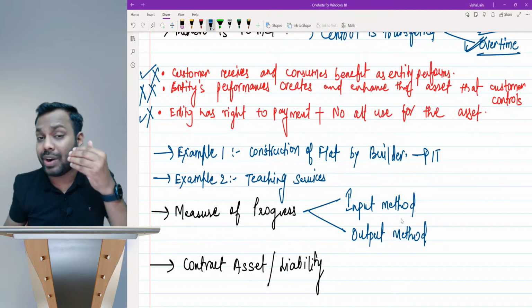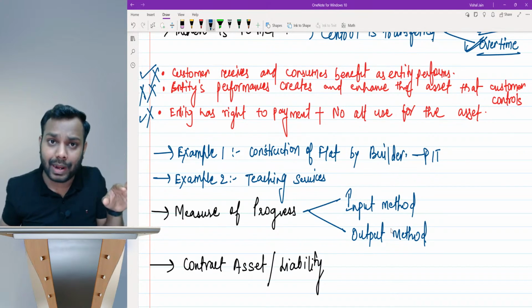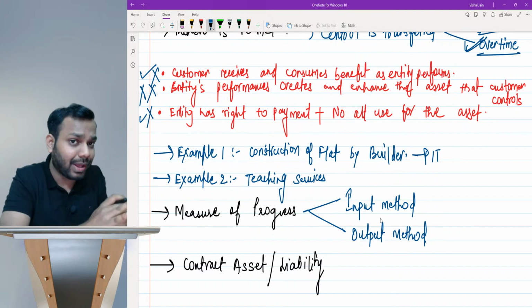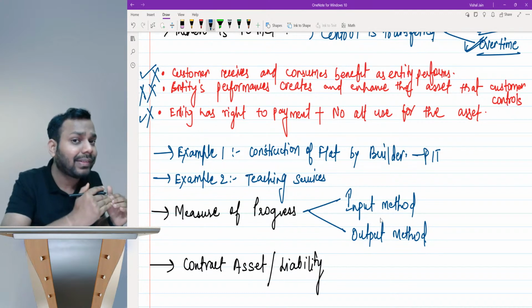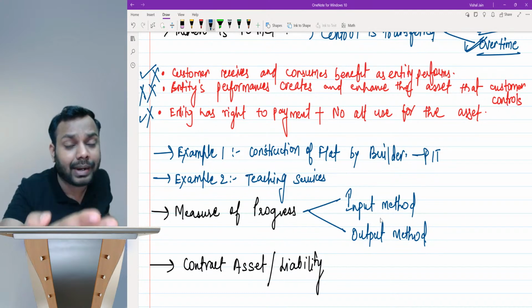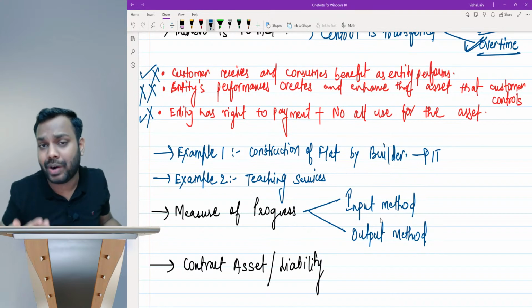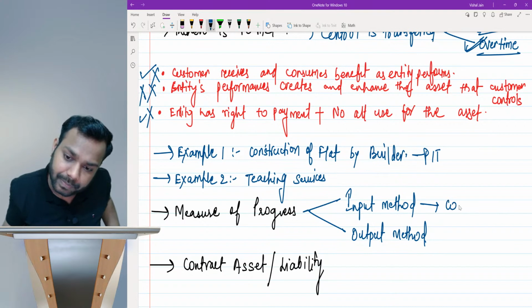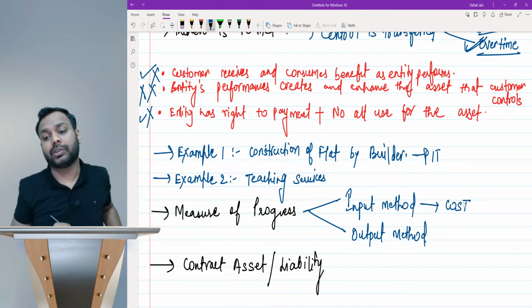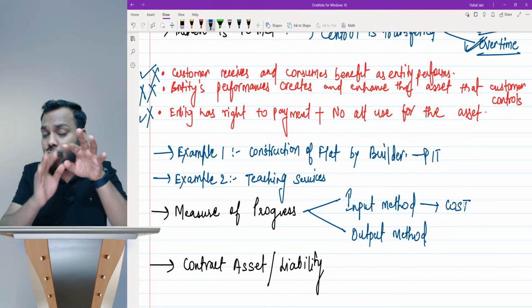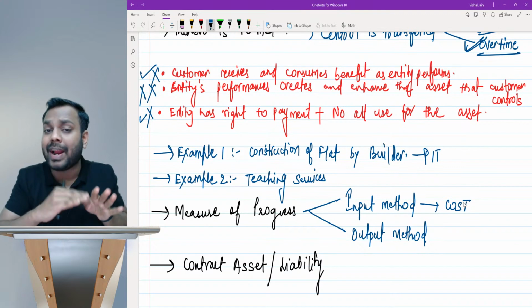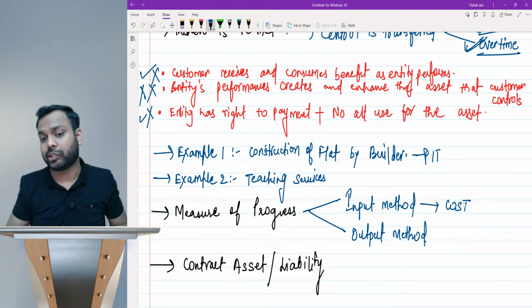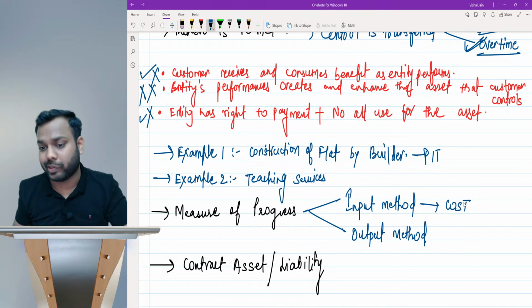You have to measure the progress in line with the efforts put in by the entity. How to measure the efforts? By way of cost. So you will measure cost incurred till date divided by total budgeted costs. That will give you the measure of progress.